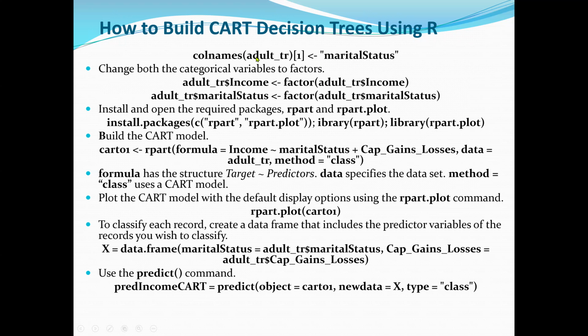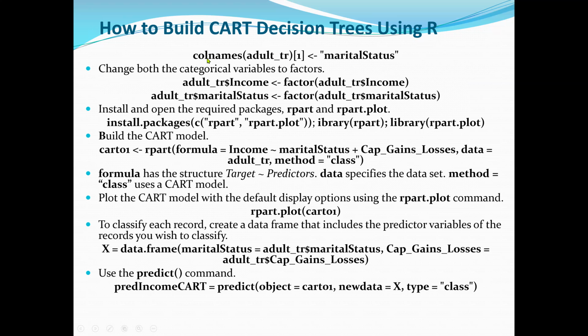The colnames command will list the names of each of the variables in the a.tr data set. Again, we are assuming we have already done this. We have the marital status, so we assign it to a.tr, which is our data set.